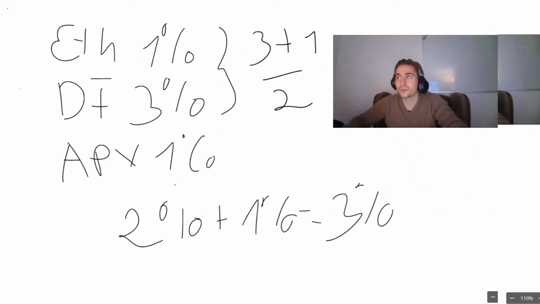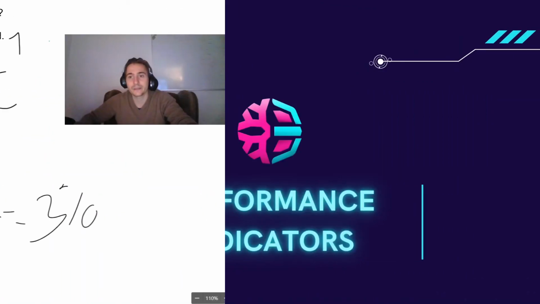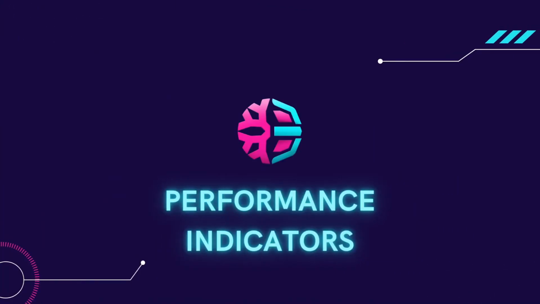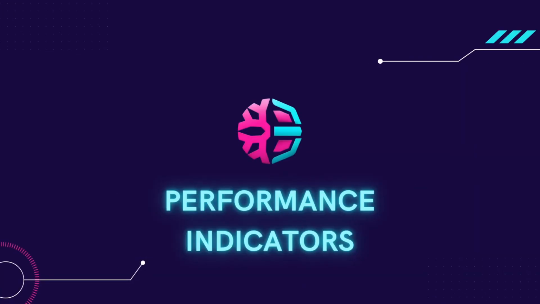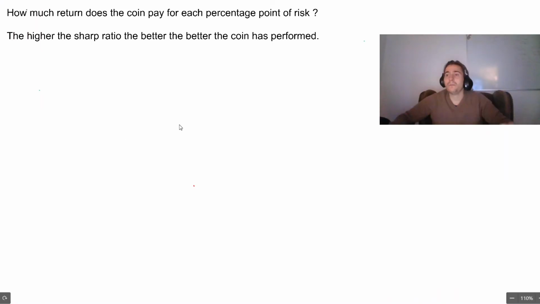So let's go to the Sharpe ratio. Okay, so the Sharpe ratio basically tells us which coin pays the highest return per percentage point of risk.